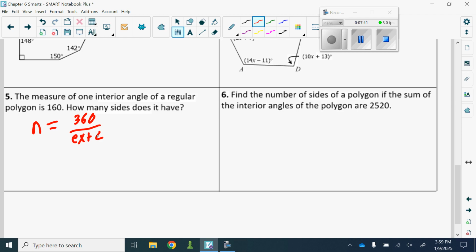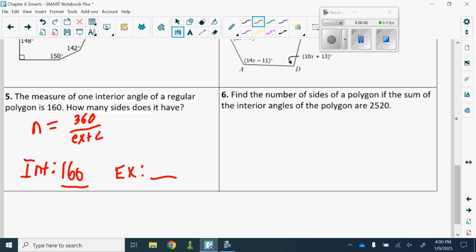They gave us the interior angle of the regular polygon, 160. So how could we find what the exterior measurement is? We know the interior measurement is 160, but we need the exterior measure. How can we find that?